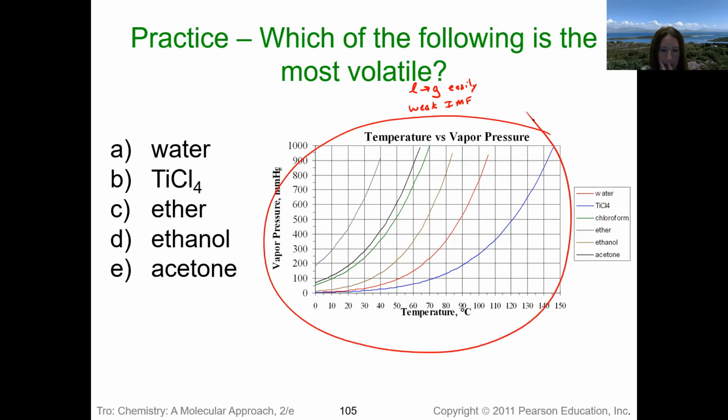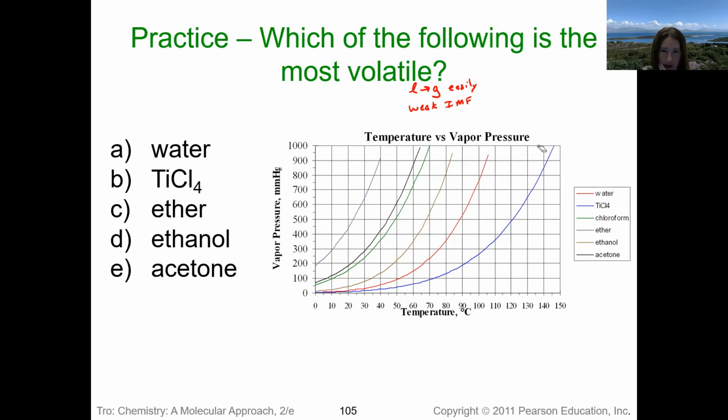All right, so the most volatile, again, this would be the highest. I'll say weak intermolecular forces has high vapor pressure. So the most volatile would be the one with the highest vapor pressure. Why?